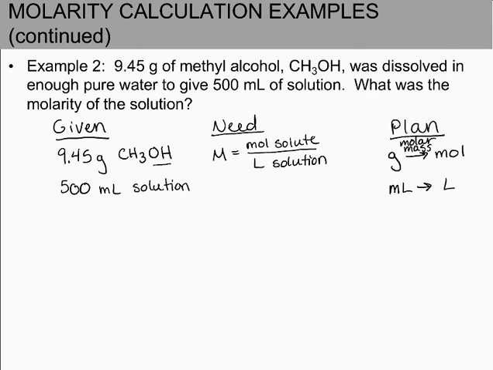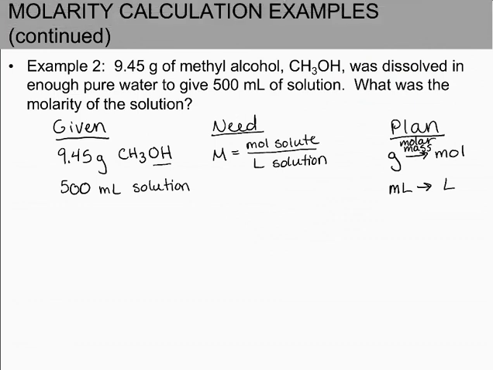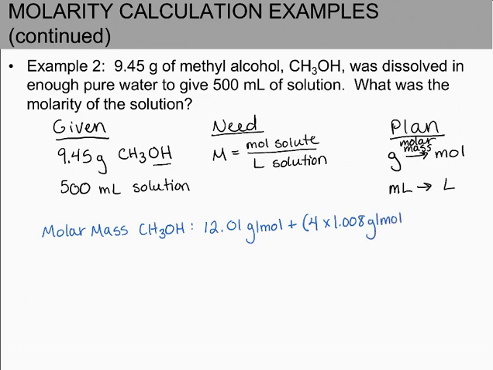Okay, so let's calculate the molar mass of methyl alcohol. We have a carbon atom, so that has a mass of 12.01 grams per mole. And then we have 4 total hydrogens, so we'll multiply the mass of hydrogen by 4.